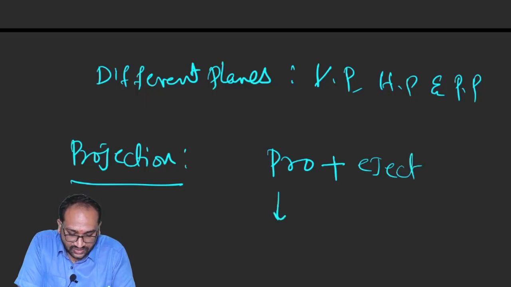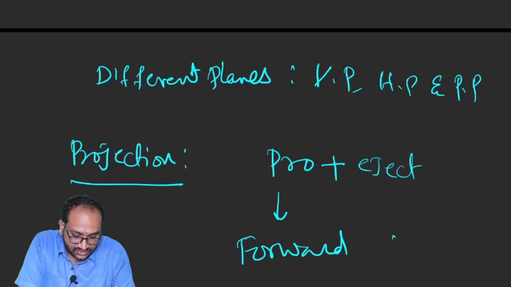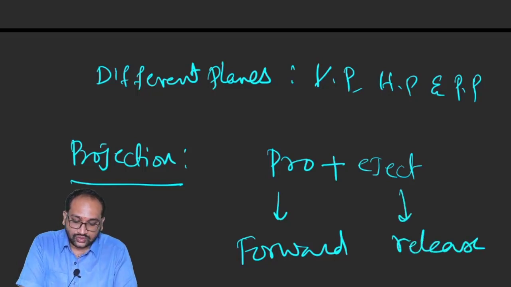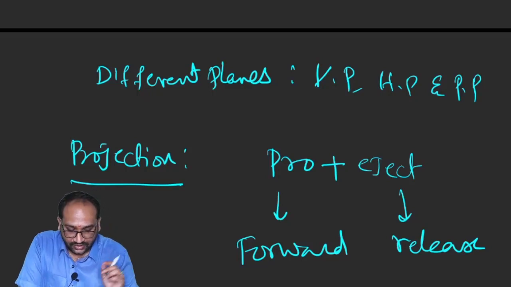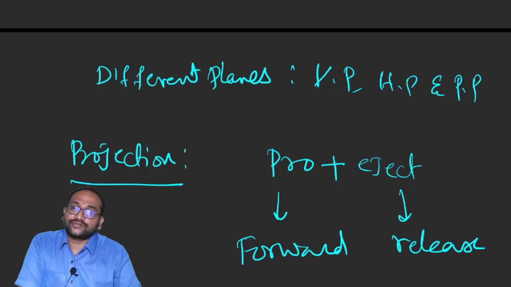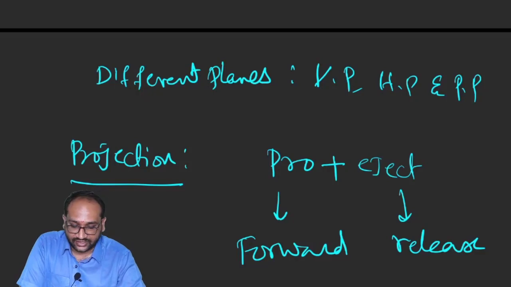Pro means forward and eject means releasing. So projection is nothing but throwing forward or releasing forward by means of straight lines or light rays.